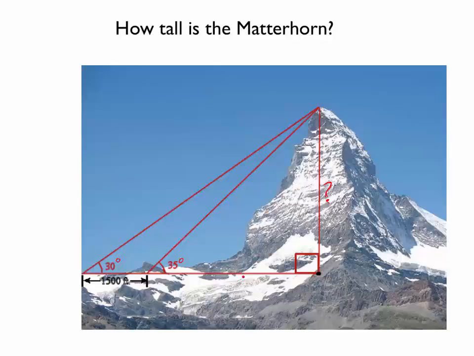Because we can't directly measure how far we are. Like with a tree, we can say, oh, we're this far from the tree. We can't do that with a mountain, right? We don't know how far it is inward, but we can take an angle measure, move away, take another angle measure. This is practical, right? How tall is the mountain?